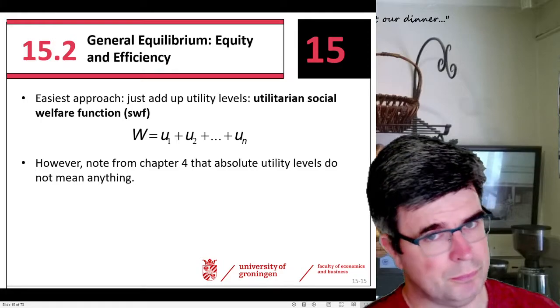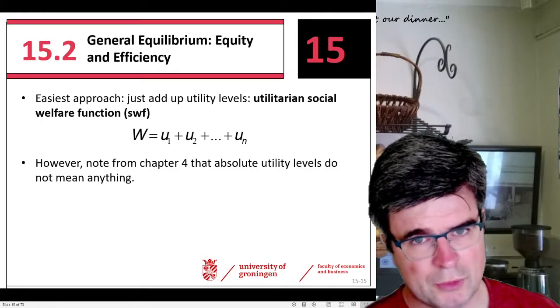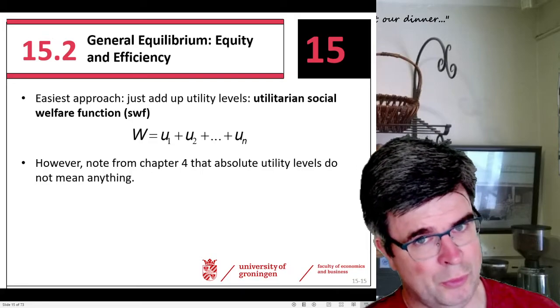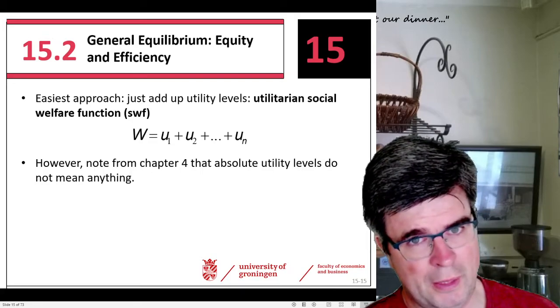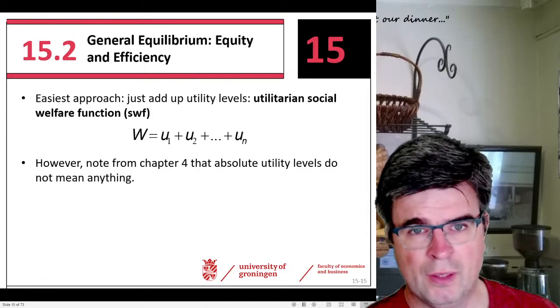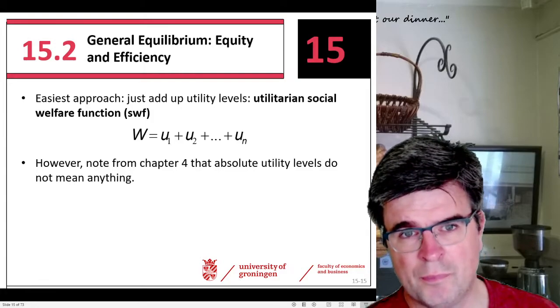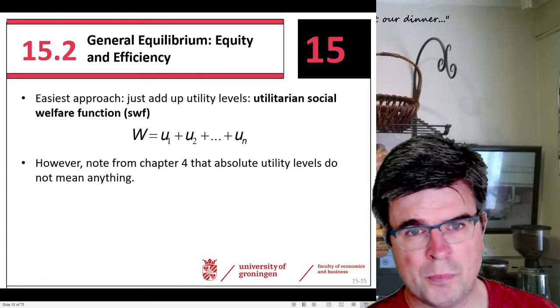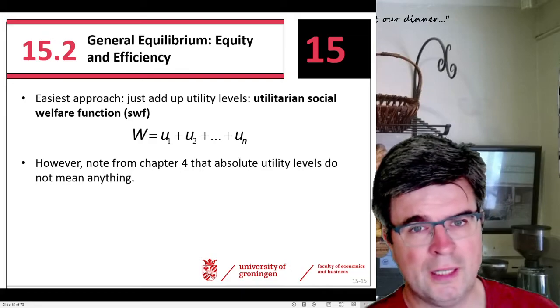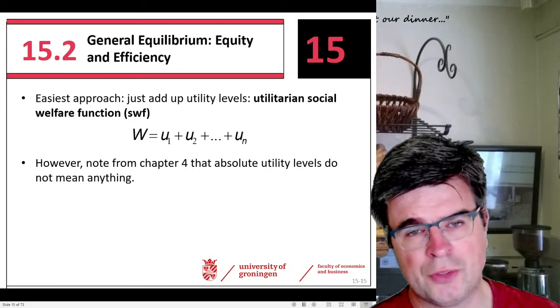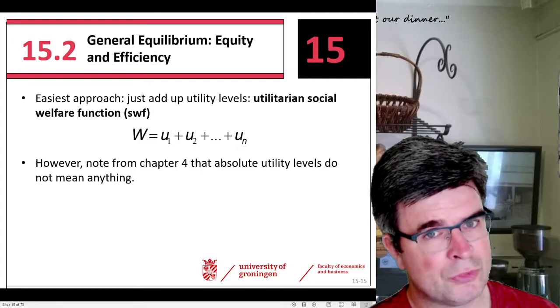However, we run into a problem here because we already found out that absolute utility levels don't mean anything. They don't represent the units of pleasure that people experience. They just are a measure to rank people's observed choices.